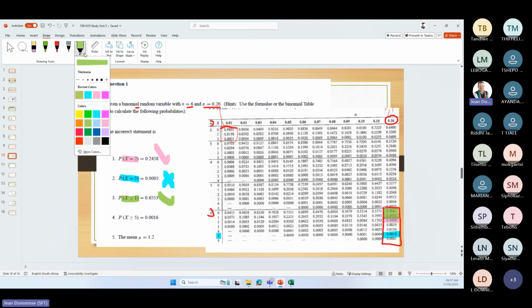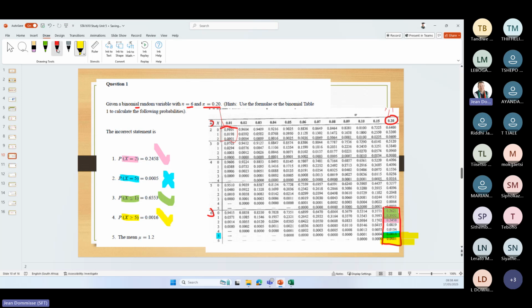Then we look at x bigger or equal to 5. So bigger or equal to 5 is 5 and 6. So it's basically those two. And that is 0.0016, which is also correct.